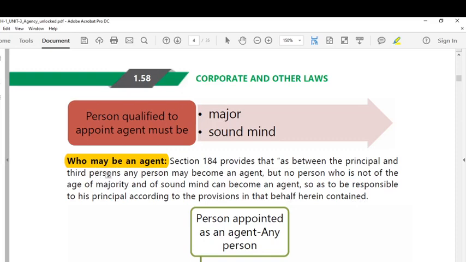So again, to appoint a person as an agent, the principal should be a major and of sound mind, and at the same time the person who is going to be appointed as an agent under section 184 should also have the age of majority and sound mind. Age of majority and sound mind, these two are the essential prerequisites for a person to get appointed as an agent.